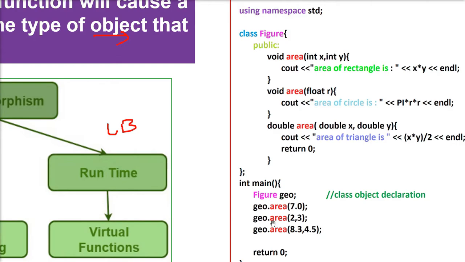That is, name is same, but depending upon the input, if you give 7.0, it is going to call this middle function. When you pass 2,3, that is integer, it will call the first area function defined in the class. And when you call the third area, that is going to call the third function in the class, which is having two double values as the input.